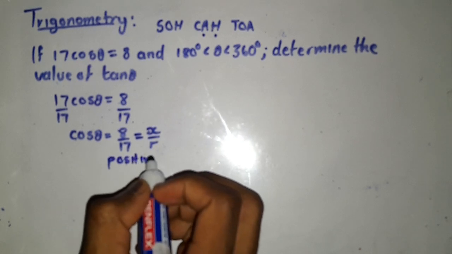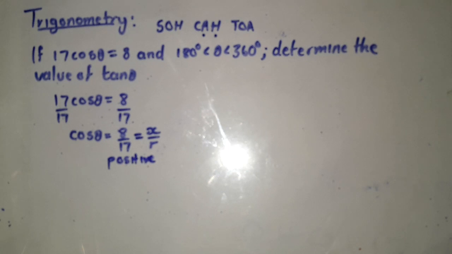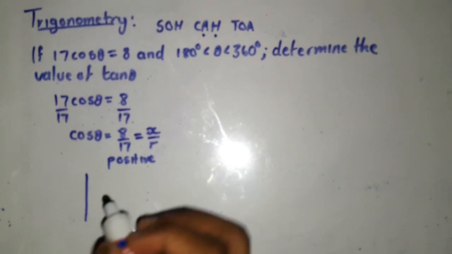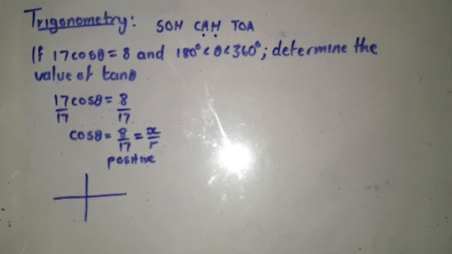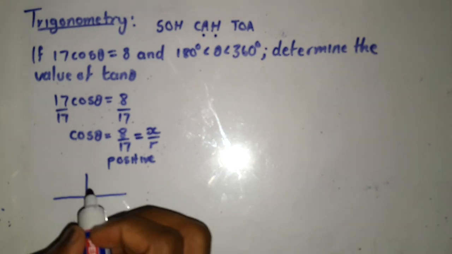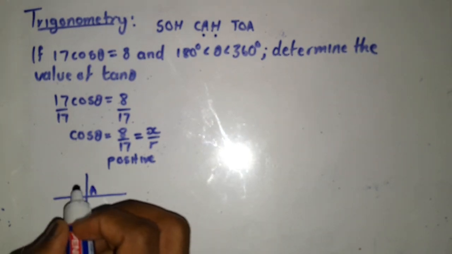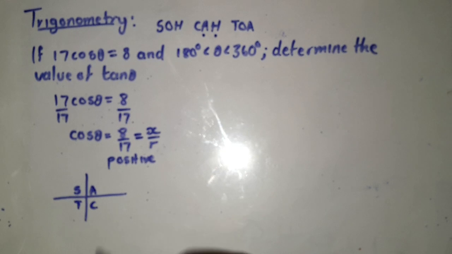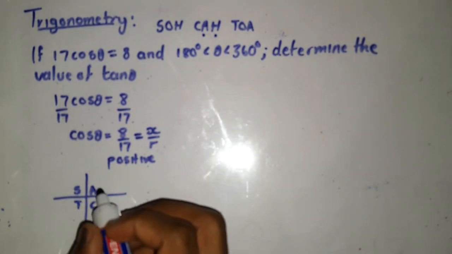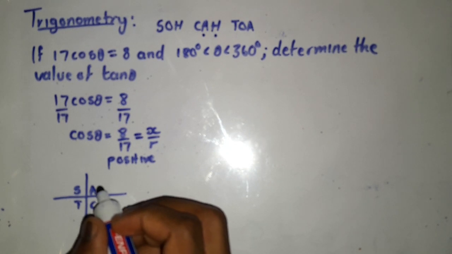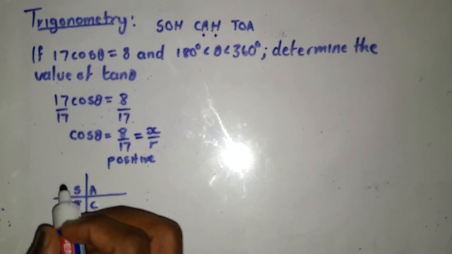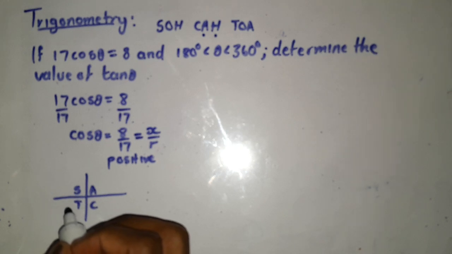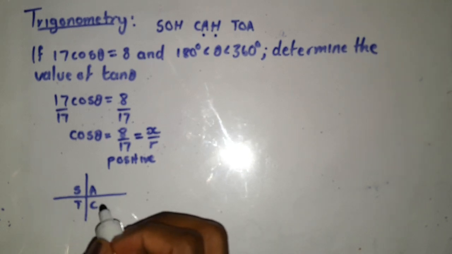Let me take you back to that Cartesian plane. I know you do remember this Cartesian plane whereby we say all students take coffee. We have 4 quadrants. In the first quadrant, all ratios are positive. In the second, only sine is positive. Here, tan. On this one, cos is positive.